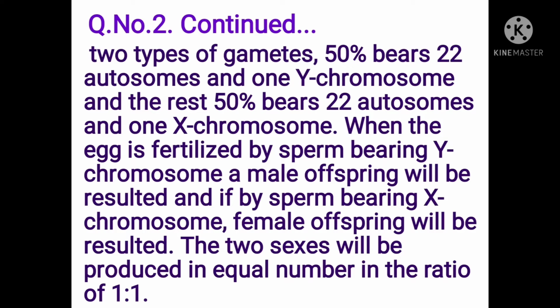When the egg is fertilized by sperm bearing Y chromosome, a male offspring will result, and if by sperm bearing X chromosome, female offspring will result. The two sexes will be produced in equal number in the ratio of 1:1.